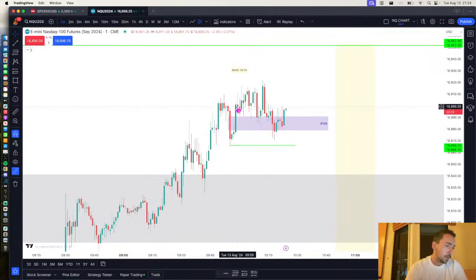We have this inverse fair value gap that we closed above. Now, like I said earlier, this should have been the candle to take us up to these equal highs, but because we dropped below it, I stopped at break even. Technically, this trade is not valid anymore because we closed below the IFVG. But I think at minimum we're going to go up to these equal highs.